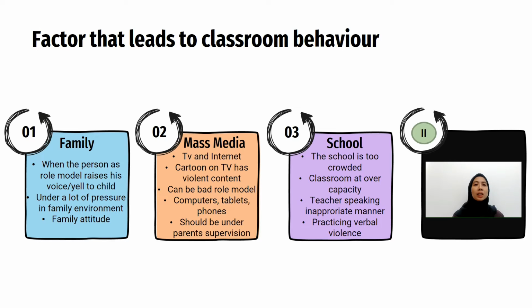Even though this violence is not towards the child, what he or she witnessed will affect him and cause him to have problem behaviors. Thus, parent attitude, features of the family, and behavior shown in this environment may cause the child to have problem behaviors. Okay, now we go to the second factor, which is mass media.